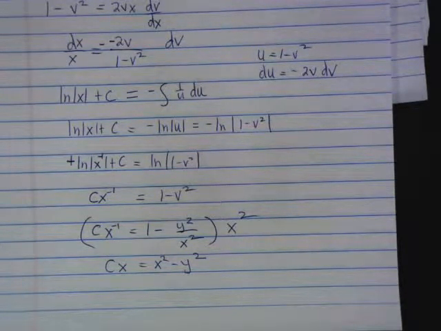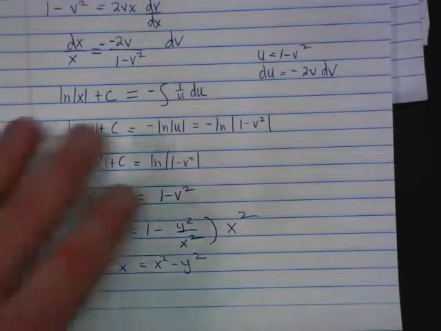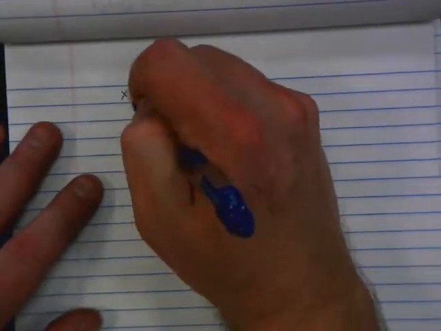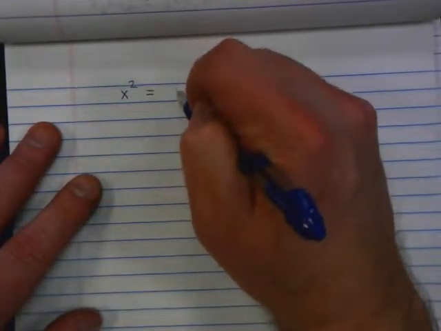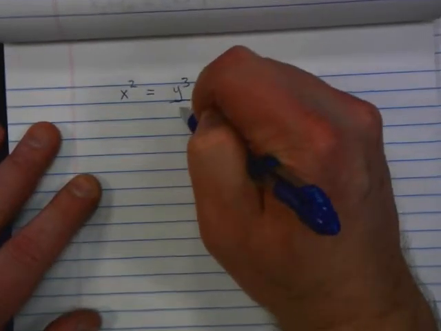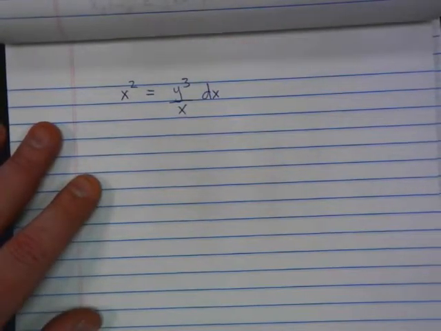Questions on that? If you had, when you're trying to describe if it's homogeneous or not, if you had x squared and then y cubed over x, would that y cubed over x have the same power? Excellent question. This question was if my original equation had something like x squared equals y cubed over x dy dx.